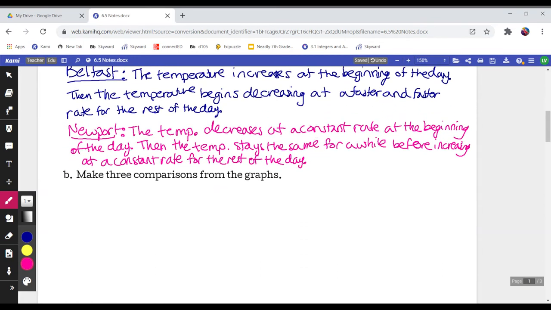So letter B says to make three comparisons from the graphs. Well, if I look at both the graphs, both show increasing and decreasing temperatures.